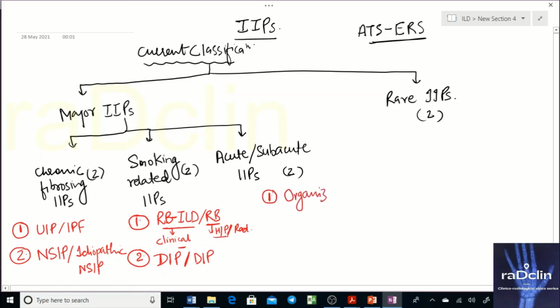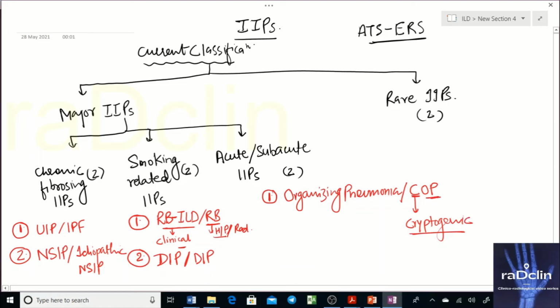Among acute and subacute IIPs, the first is your organizing pneumonia. Now, organizing pneumonia is your histopathological or radiological part, but the clinical counterpart for that is your COP, and here the letter C stands for cryptogenic organizing pneumonia.